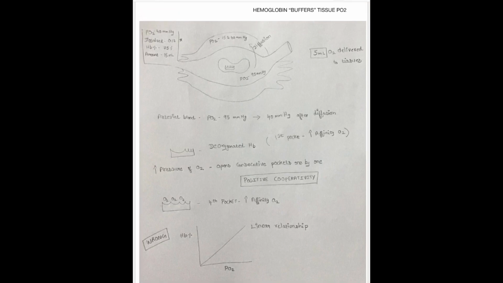So now, 20.4 ml of oxygen, just assume 20 ml in order not to forget. 20 ml of oxygenated blood is transferred from the left heart into the muscle tissue, and here 5 ml is delivered to the tissues. So the remaining, 20 minus 5, 15 ml, is taken back. So the amount of oxygen content in the deoxygenated blood is 15 ml.